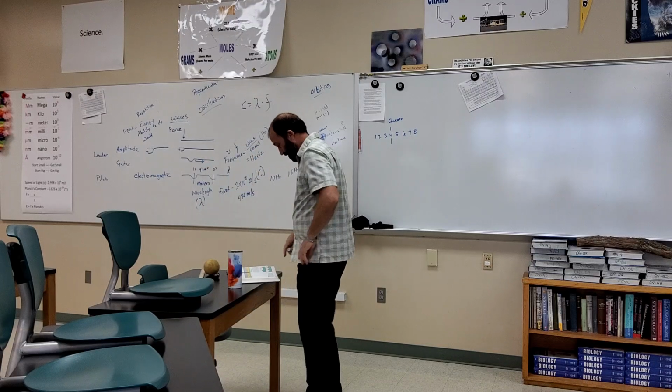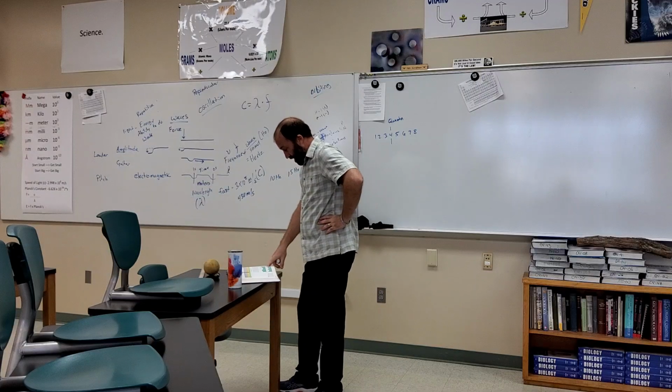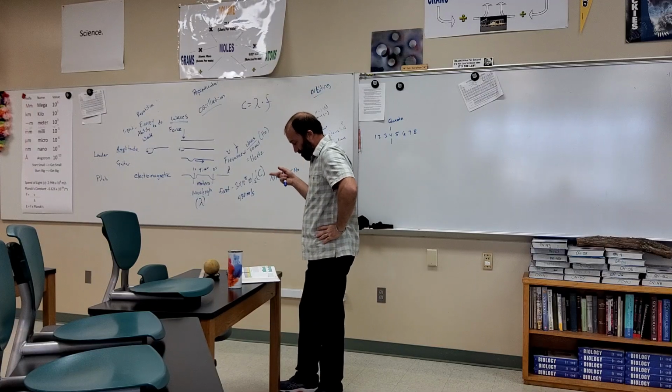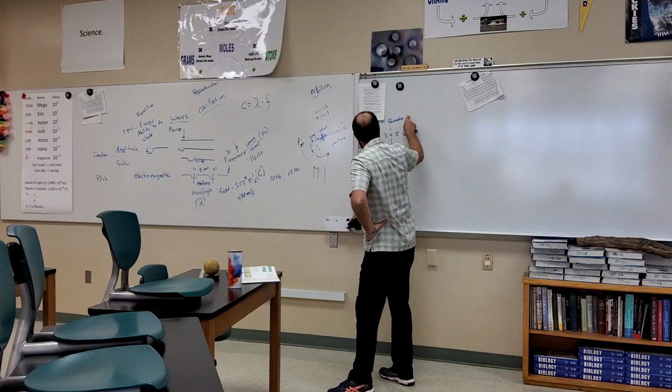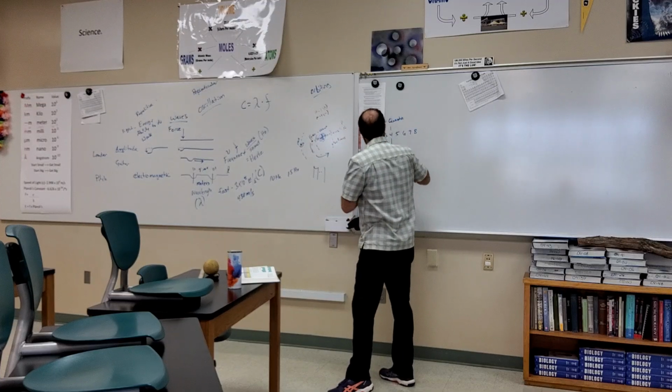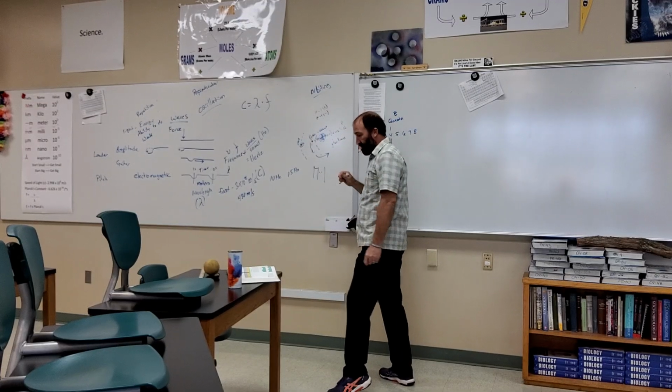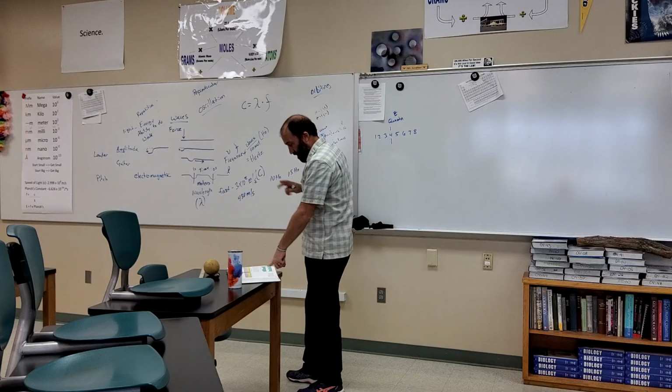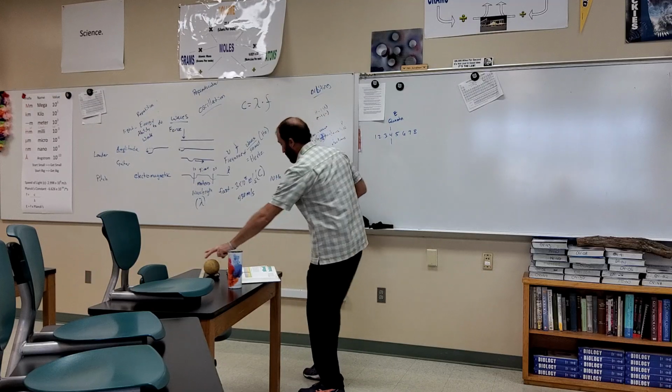So he does a little work and he's like, okay, the energy, the quantum of energy, so the amount of energy needed, is related to the frequency, right? Think about the frequency.